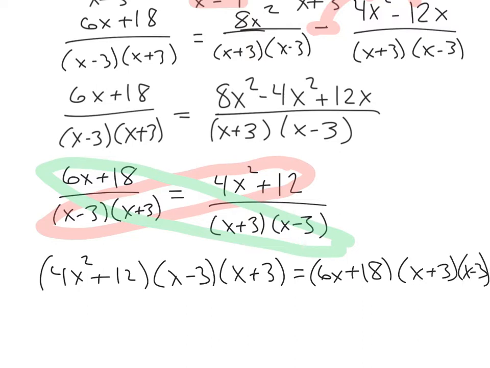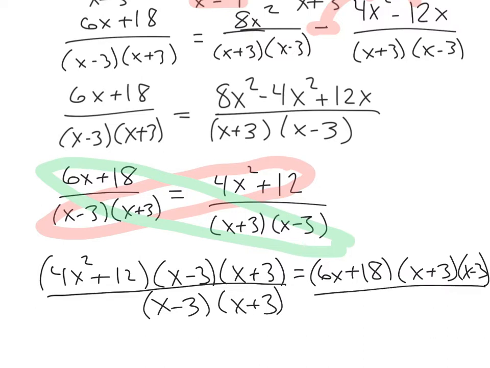Now, looking at this, you're probably thinking to yourself, this is a lot of multiplying, Mr. Farmer. What in the world are we going to do? Well, the truth is, we can actually utilize that trick I talked about at the very end of part 1. We're actually going to go ahead and make our lives easier. We're going to divide by x minus 3, x plus 3 on either side because that's what they have in common.